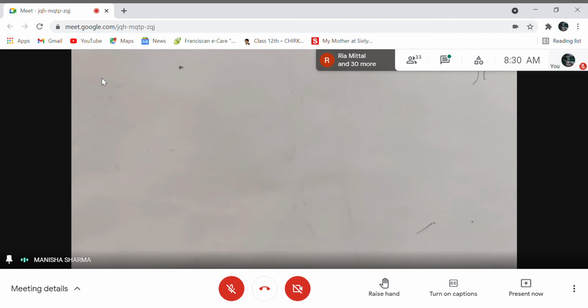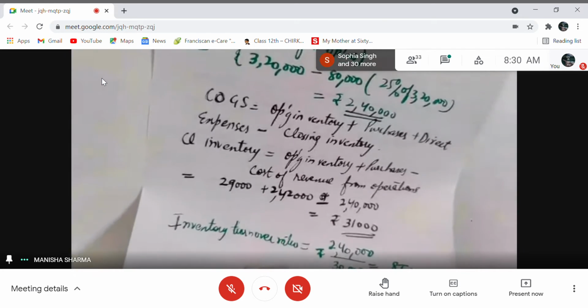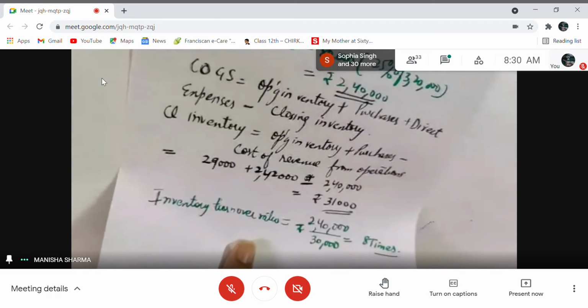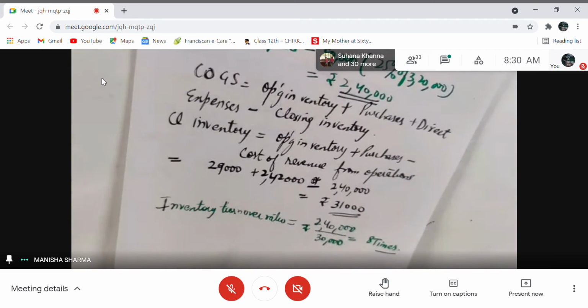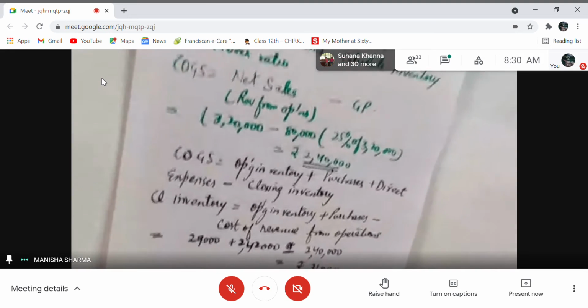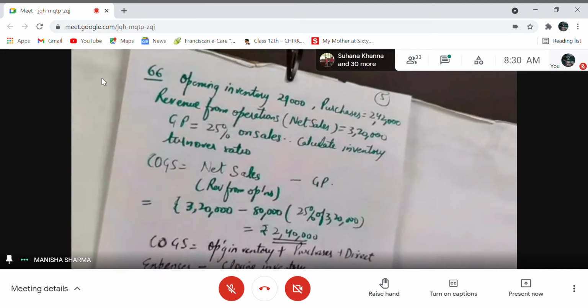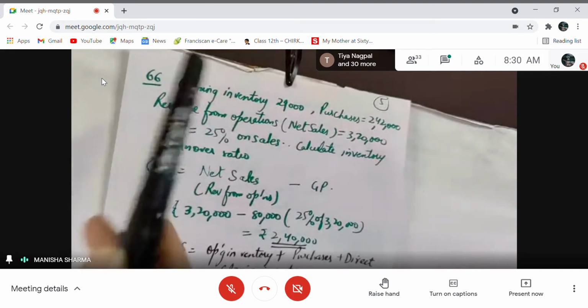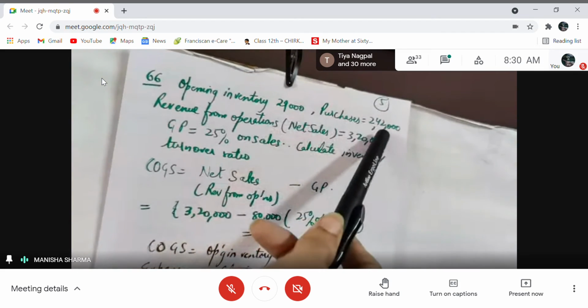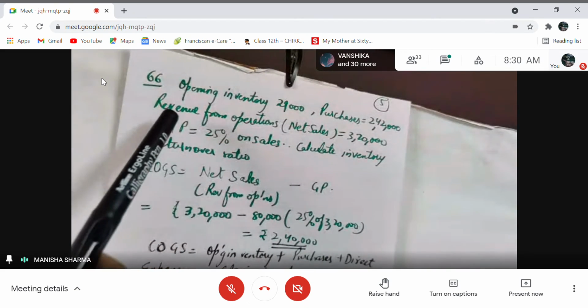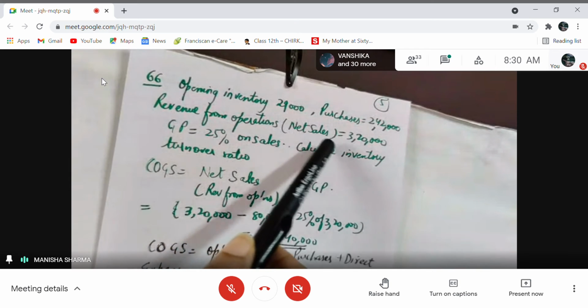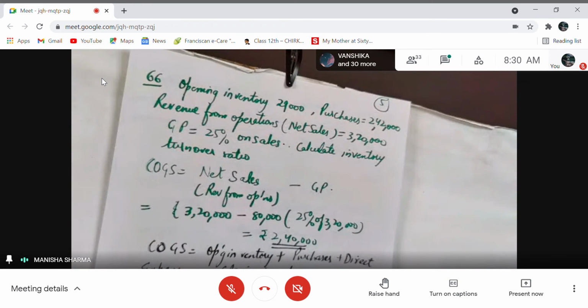Next one is, let's take opening inventory 29,000, purchases 2,42,000. Revenue from operations, that is net sales, is given to be 3,20,000.